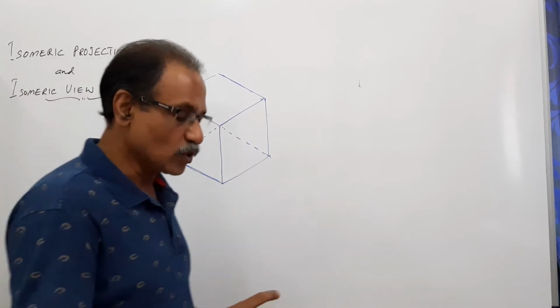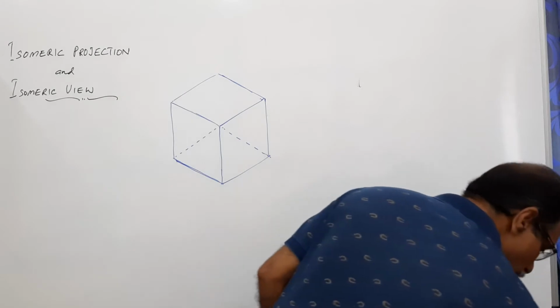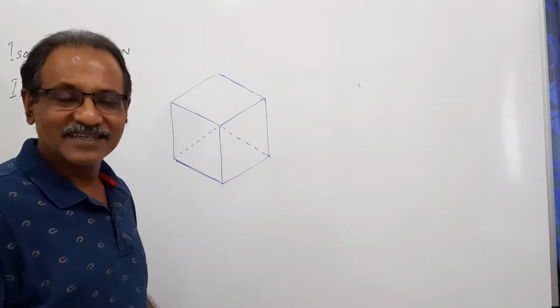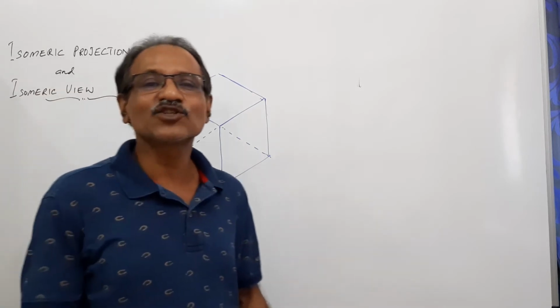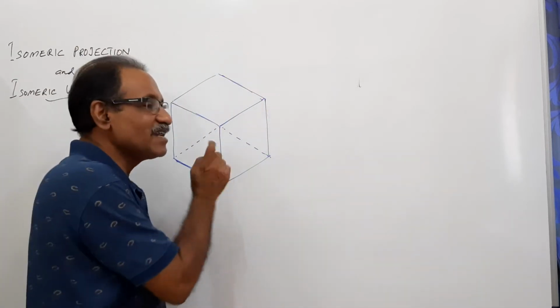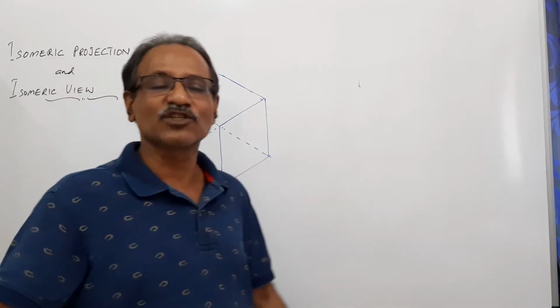Agreed? Now, this elevation is called the isometric projection of the cube.